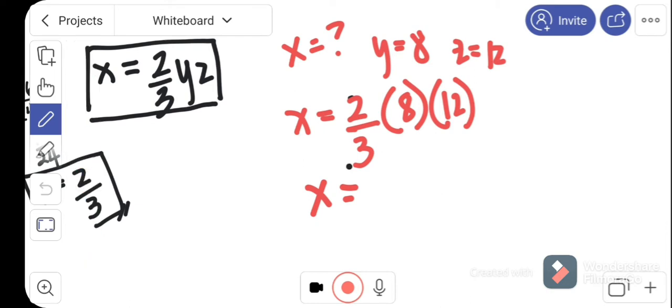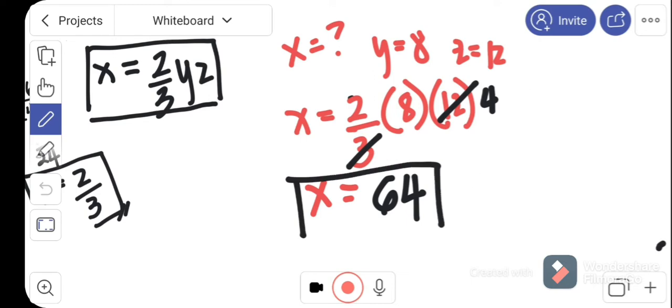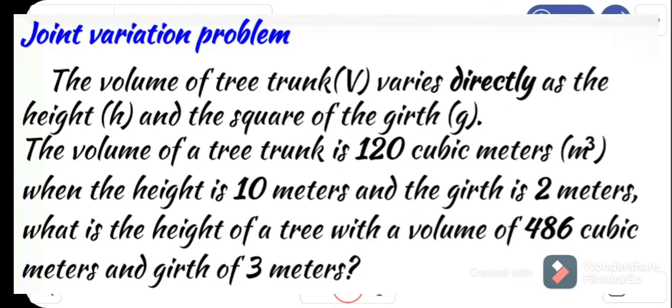So we can say that it's 12. So we cancel, or we divide 12 by 3. The answer is 4. Now we have 2 times 8 times 4 left. So that would be equal to 2 times 8 times 4 is 64. This is now the value of x for our given problem.